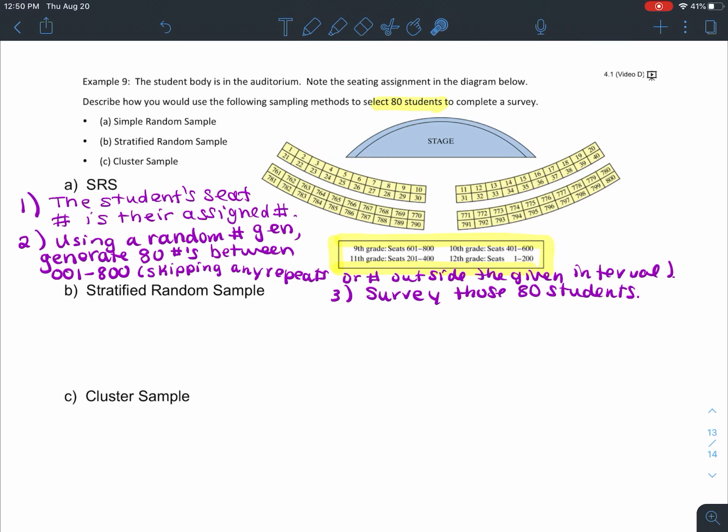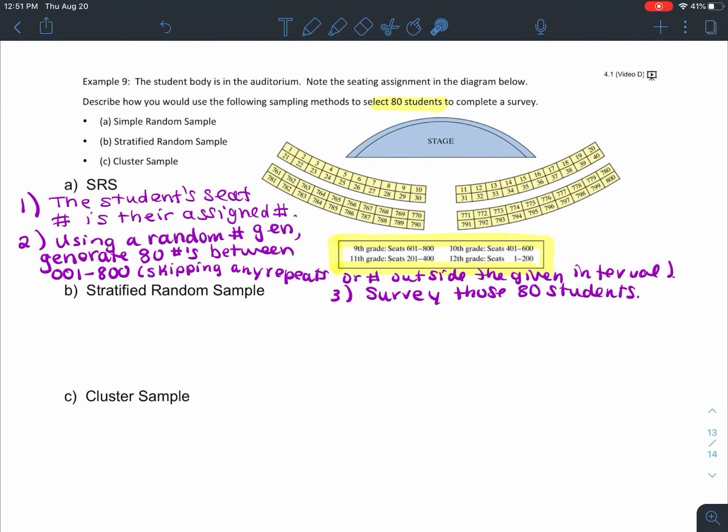It also meets the second criteria that every possible combination of 80 students that you could make out of these 800 had an equal chance of being put together. That's because everyone was all in one big group. It's when you group them first into either strata or clusters or something like that, that it is no longer a simple random sample, because you're already kind of boxing them into these different categories.